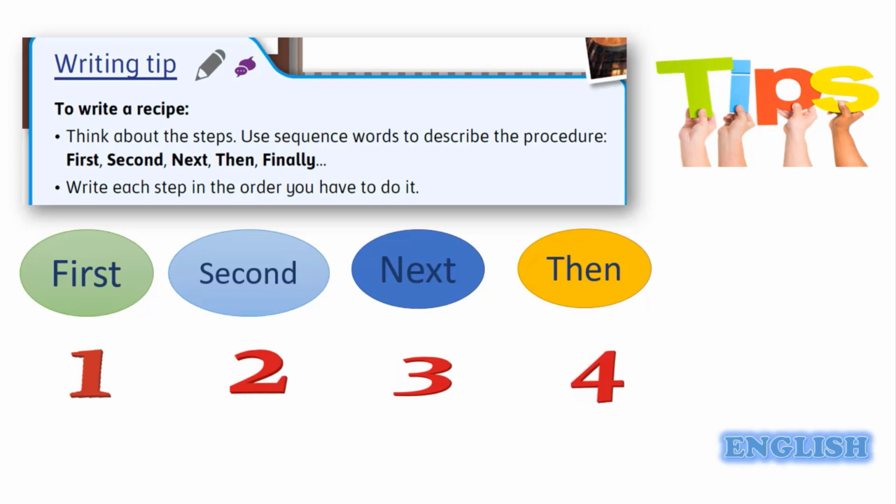Here you have to pay attention that we can use the word then for the third step, and the word next for the fourth step, and you have to use the word finally for the last step.